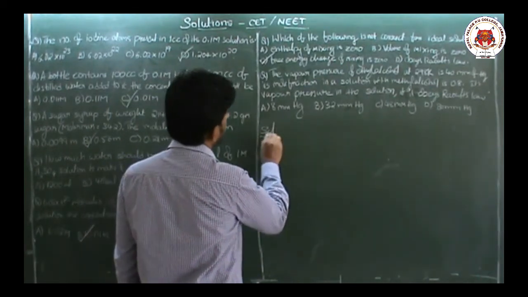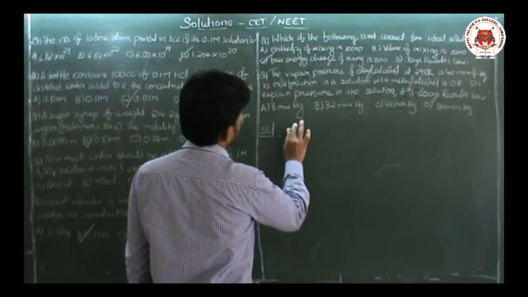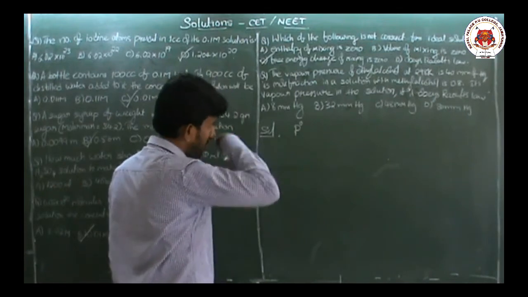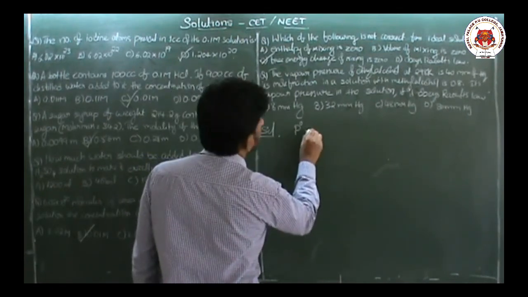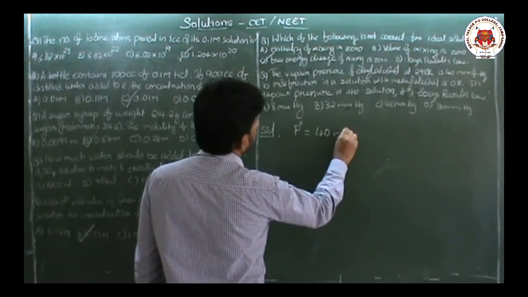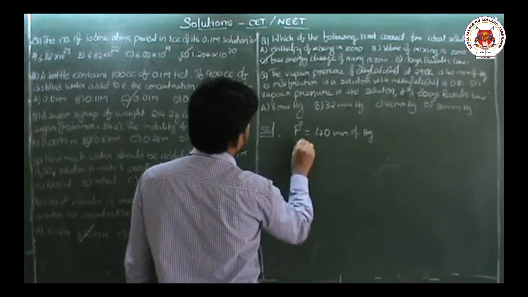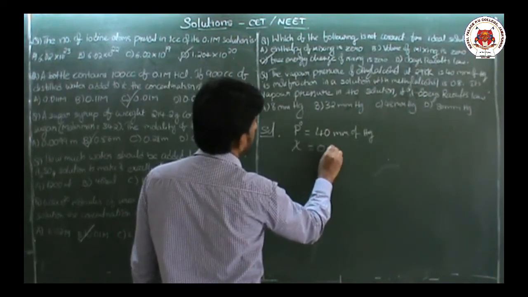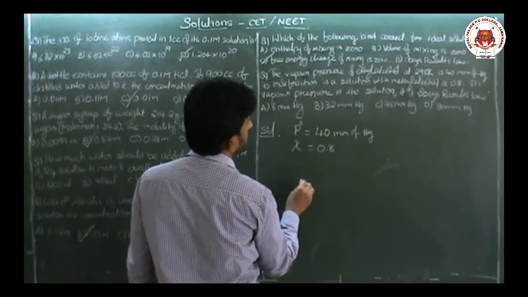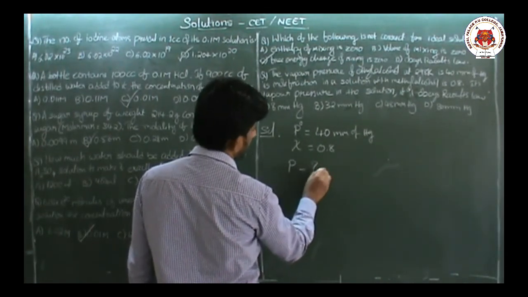So here it is given that the vapor pressure of ethyl alcohol, that is nothing but pure vapor pressure, is 40 mm of Hg. They are saying its mole fraction is 0.8 in the solution, and what they want is its vapor pressure in the solution, meaning partial vapor pressure of the ethyl alcohol.